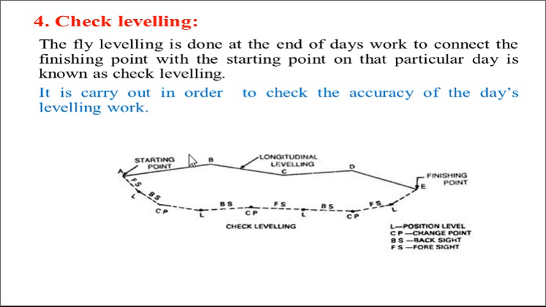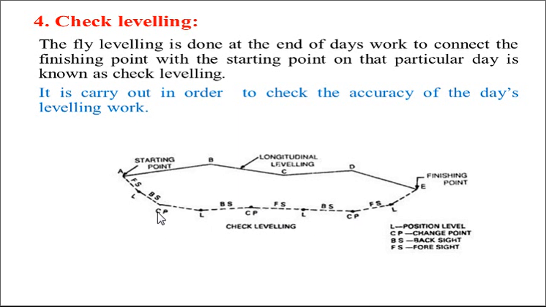Then to check whether our readings are correct or not, we start the leveling again from point E to the starting point. In this leveling, we set the level at a convenient point and take the backsight reading, foresight reading, backsight reading, foresight reading, and depending upon the requirement we shift the instrument, and at a change point we take the two readings.